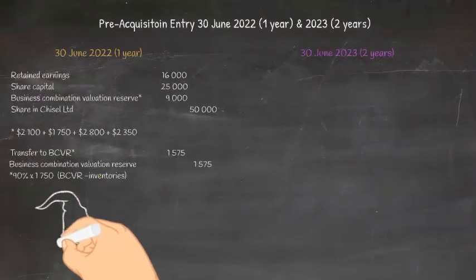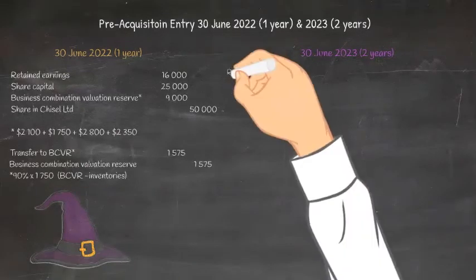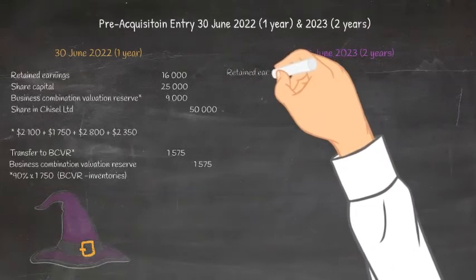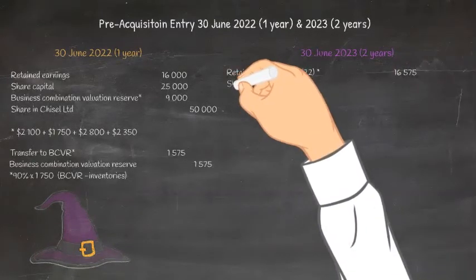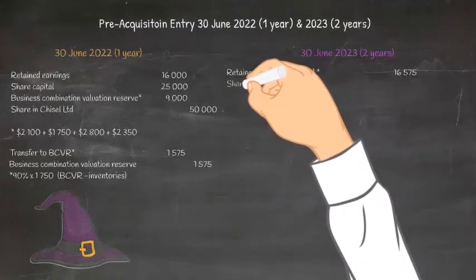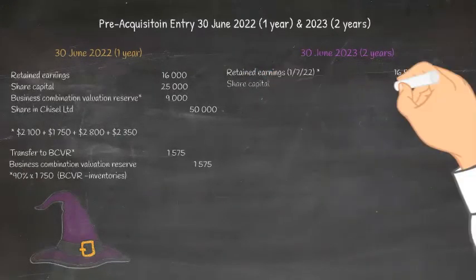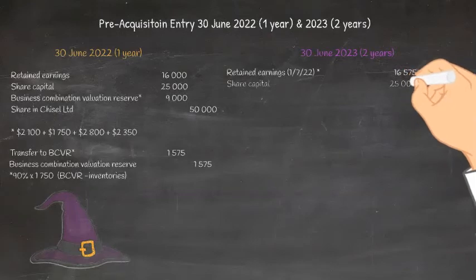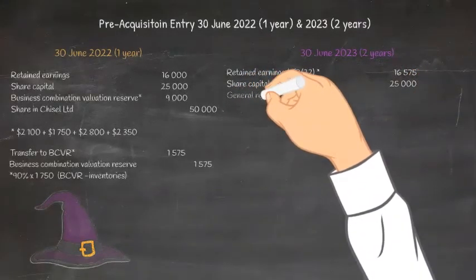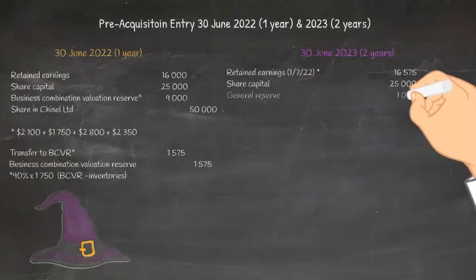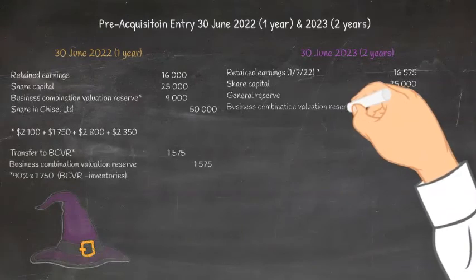Two years after acquisition, which is 2023, the pre-acquisition entry is similar to the one for 2022. However, retained earnings is debited by $16,575, which is to reflect the 90% sale of inventory from 2022 and the previous period transfer from pre-acquisition retained earnings to general reserve.